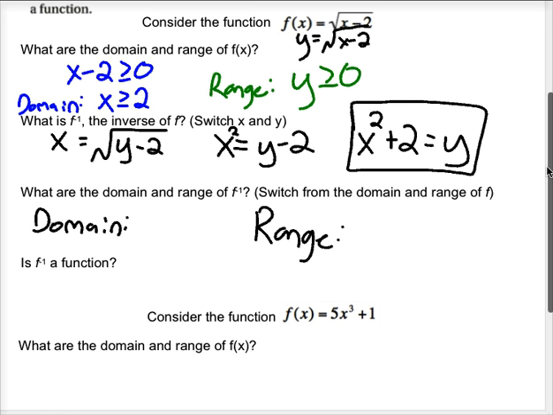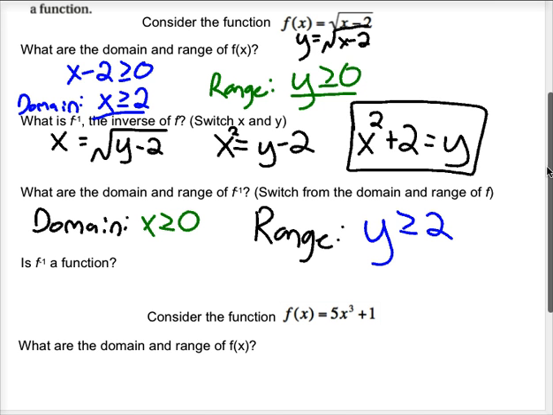So what that means, this range right here is now my domain. The original domain is now my range. So all you really do is flip-flop those values.